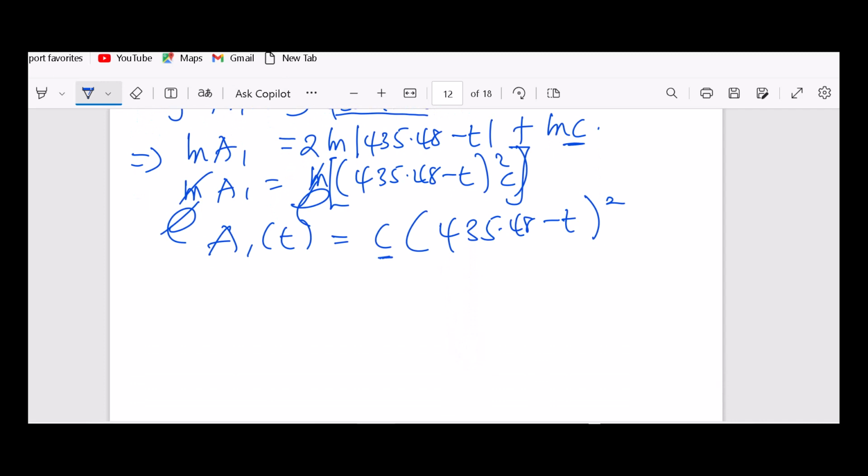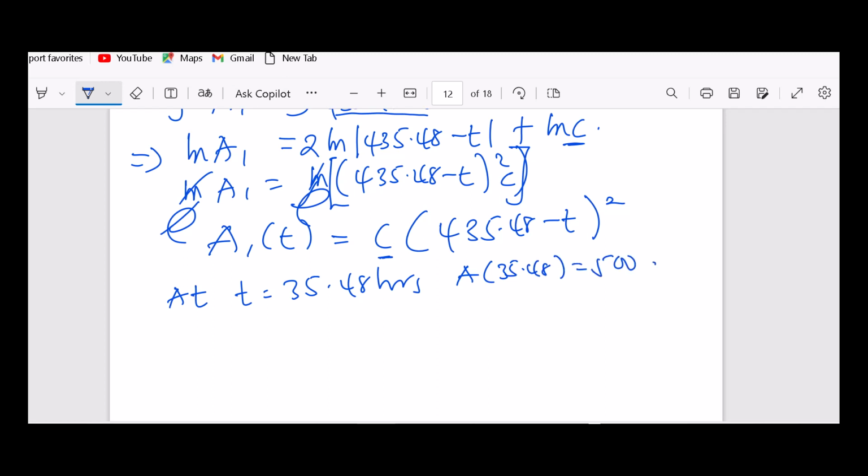Okay, but we need to find this C, but we know that at T equals 35.48 hours, A of 35.48 was equal to 500.